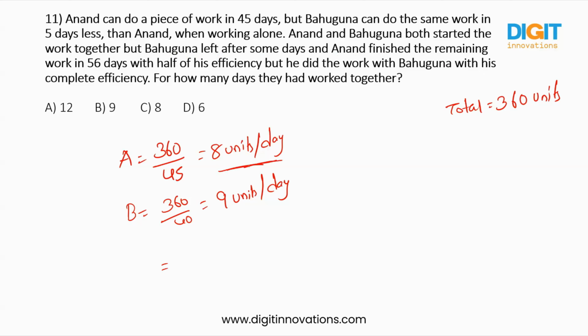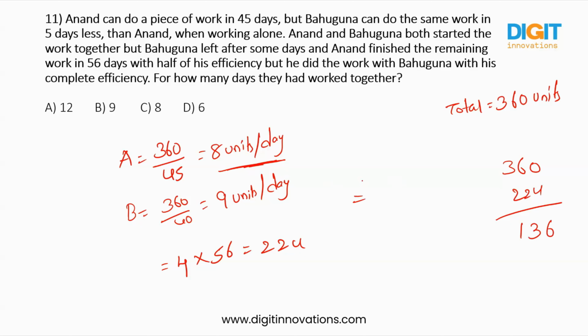So total efficiency is 8 units in a single day, but he is using only half efficiency, means 4 into 56 days. So how much? 224. In 360, 224 units is done by Anand singly. So remaining 136. So this 136 is done by both Anand and Bahugan.